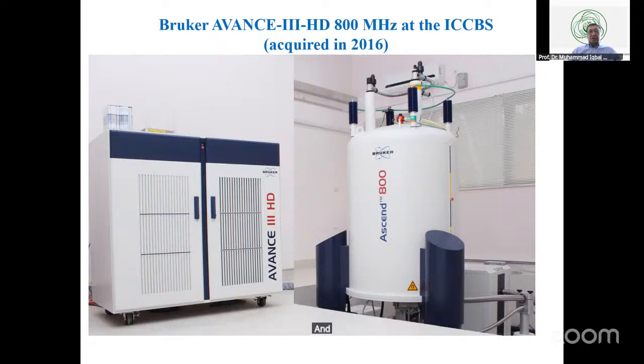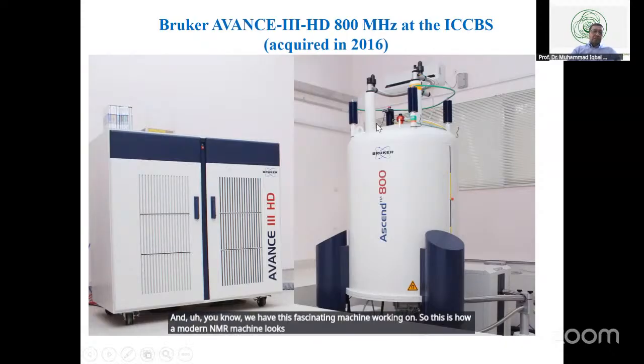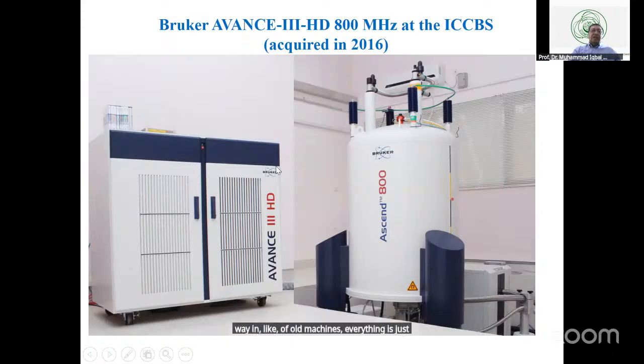And we have this fascinating machine working. So this is how a modern NMR machine looks, very unlike the old machines. Everything is just hidden. This is the computer, and this is the magnet, and that's it. And then you get a screen on which you see the spectrum.